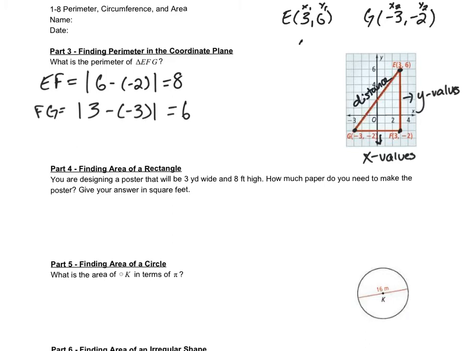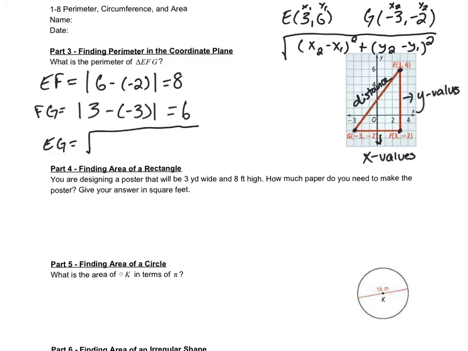Now remember, the distance formula is the square root of x2 minus x1 squared plus y2 minus y1 squared. So EG is x2, which is negative 3, minus x1, which is 3, squared, plus y2, which is negative 2, minus 6, squared.